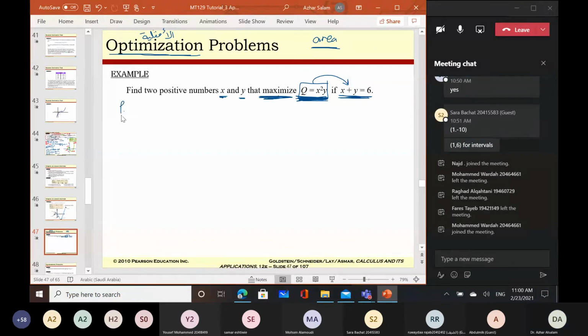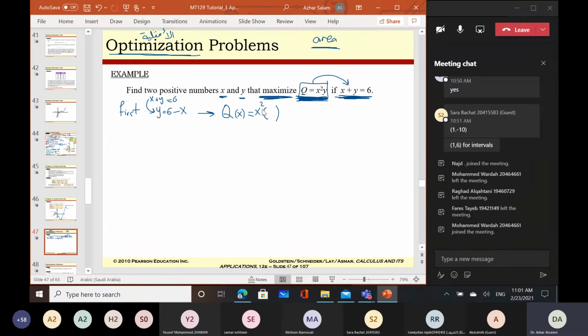So to make it only one variable, I use this equation. First, I find y in terms of x. y equals 6 minus x. Since I have x plus y equals 6, I can find the value of y. From this value of y, I can find the value of the function Q in terms of one variable x, which is x squared multiplied by y.